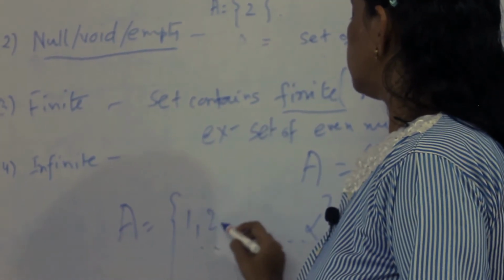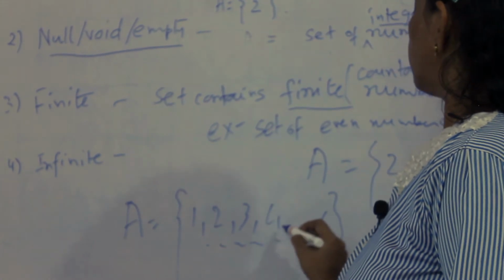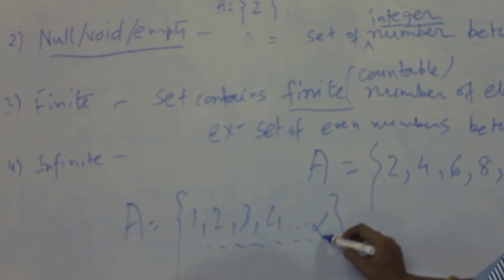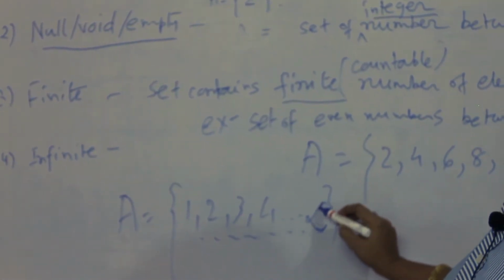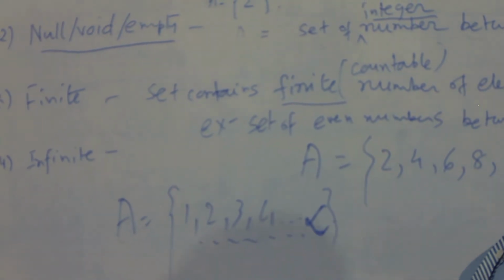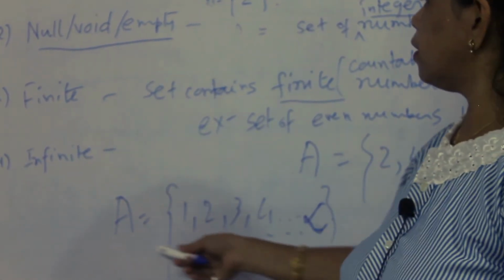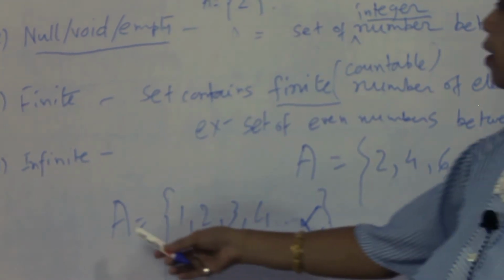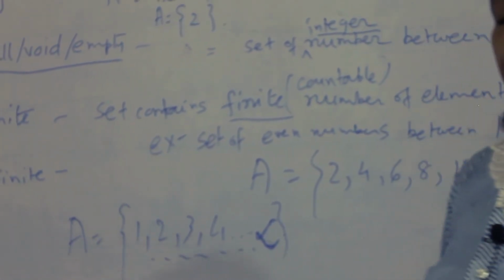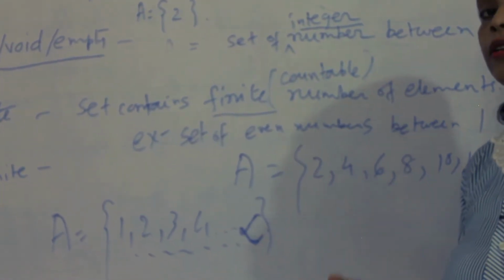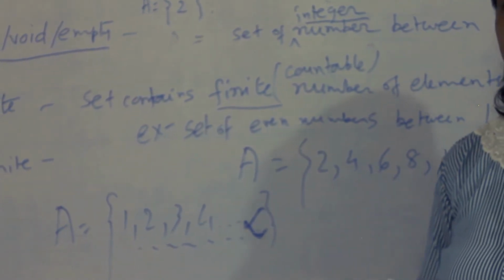So it is 1, 2, 3, 4, and so on up to infinity. This sign is infinity. This is an example of an infinite set. A set that contains an infinite number of elements is called an infinite set. Okay?